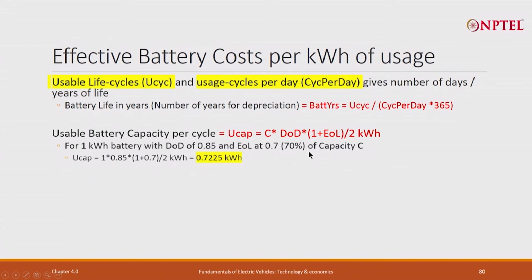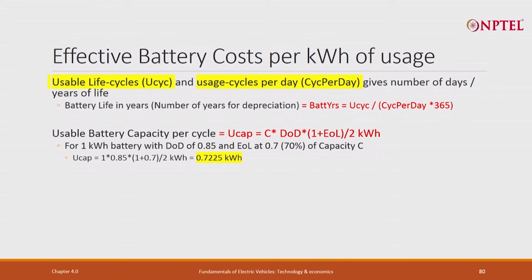So, for a 1 kilowatt hour battery with 0.85 depth of discharge and end of life, suppose you take it as 70%, the usable capacity per cycle is only 0.7225 kilowatt hour, not 1 kilowatt hour. Why? Remember that towards the end you would have got only 0.7 kilowatt hour.